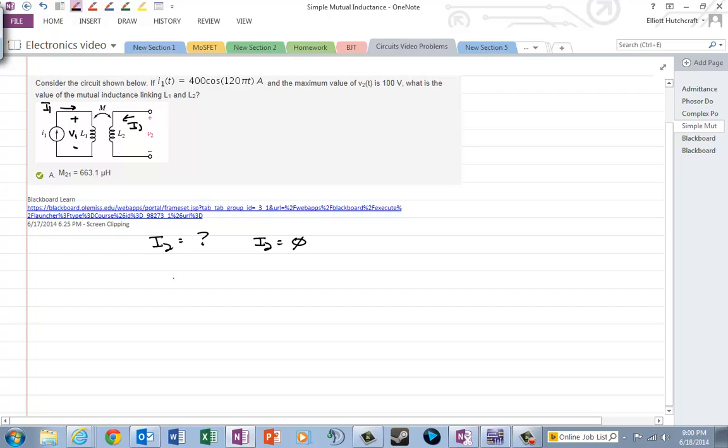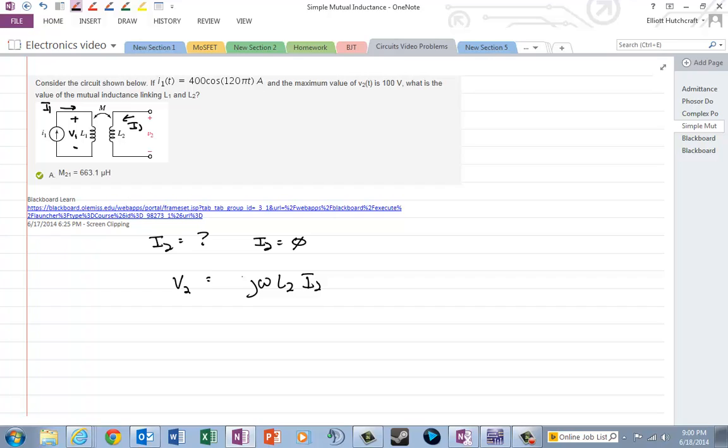And so we should be able to write V2, the phasor, as j omega L2 times I2, plus, well, maybe I shouldn't say plus, a portion either plus or minus depending on the way we have it. The way we define it there, the sign convention is satisfied with V2 and I2 on that inductor, so this one should definitely be plus.